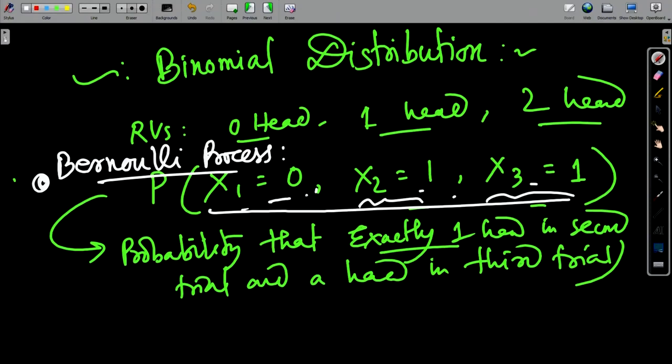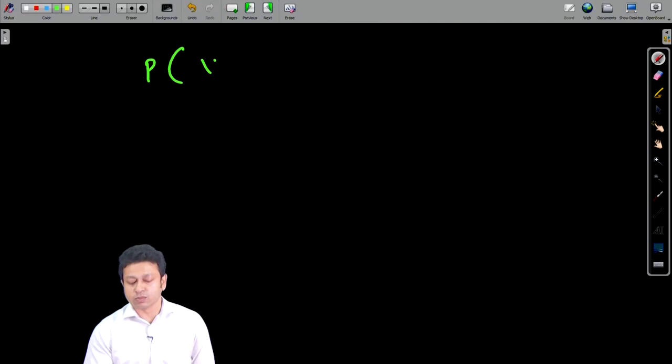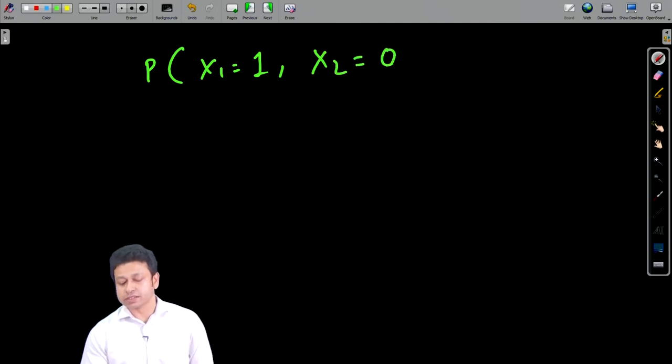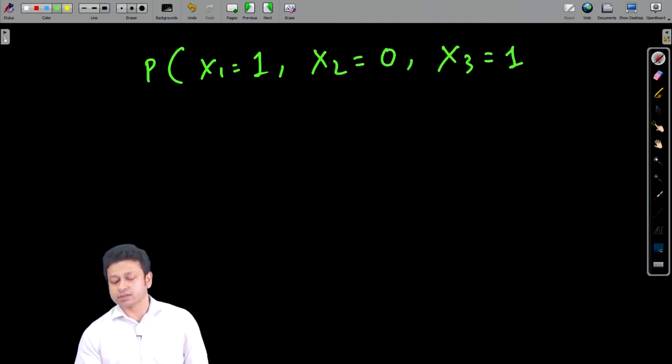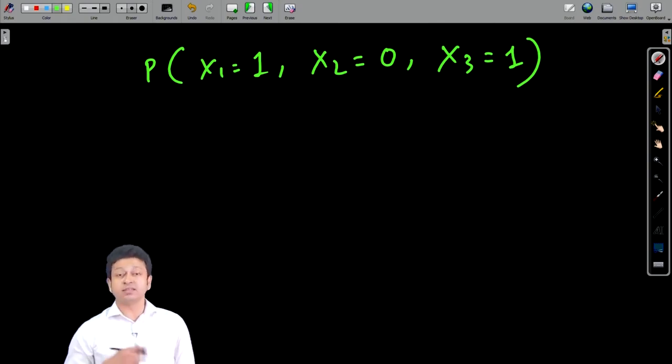Now, I can ask for different types of this process and they will be different. For example, I can ask for the probability that x1 is equal to 1, x2 is equal to 0, x3 is equal to 1. Essentially, I am asking for the same 2 heads, but the order has changed.